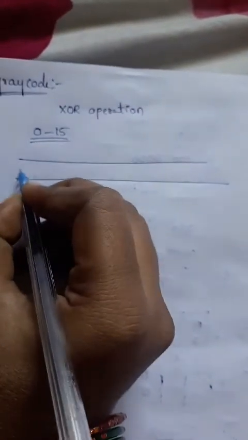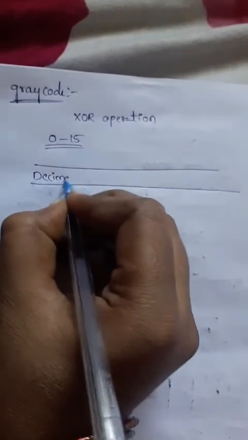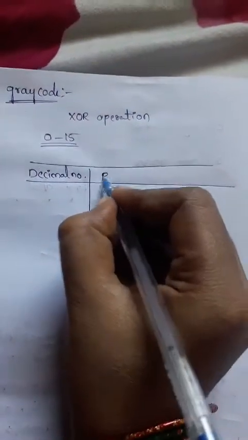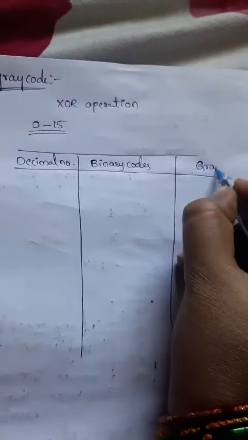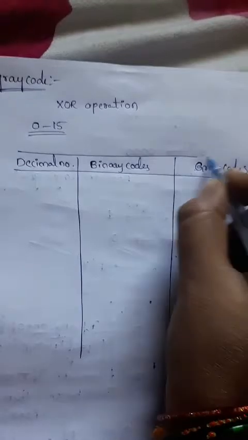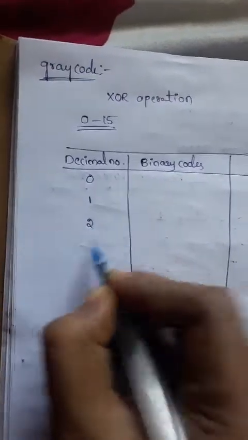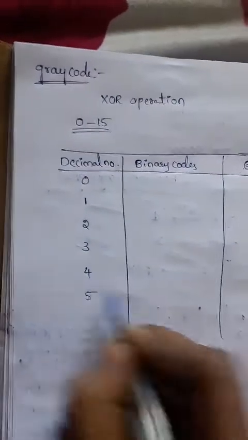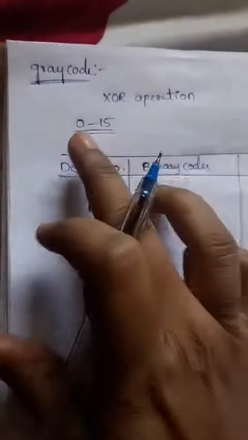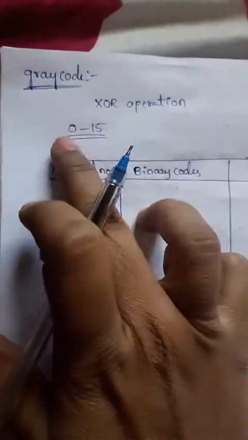So I can write here: first, this is the decimal number block, next this is the binary codes, and this is the gray code. For decimal numbers, we have 0, 1, 2, 3, 4, and so on. We choose 0 to 15 because binary code can be represented as a 4-digit code for 0 to 15.